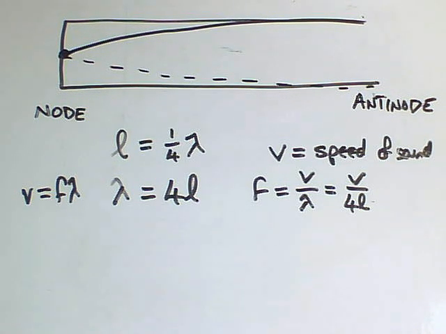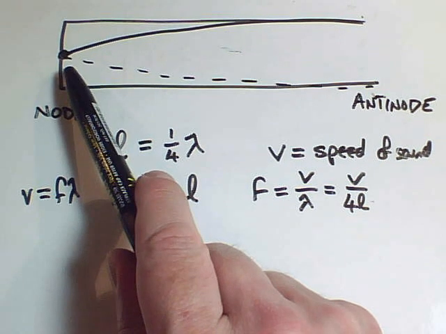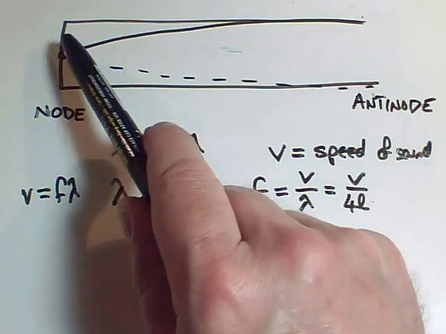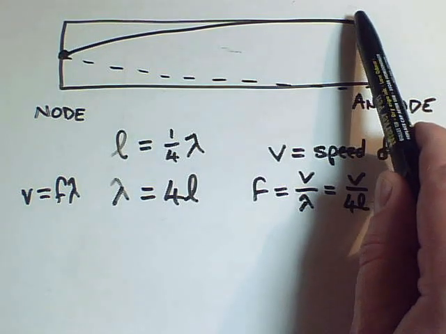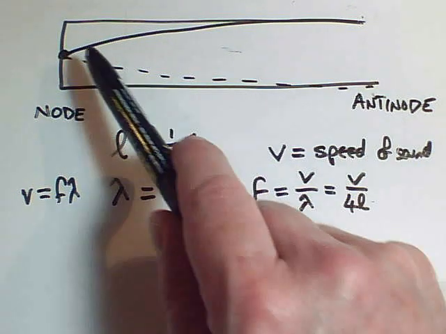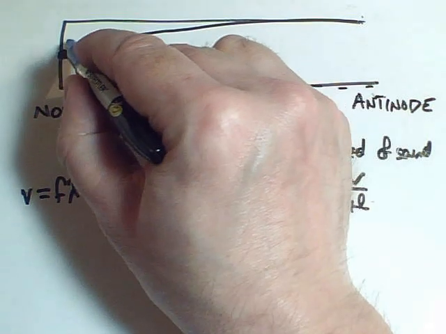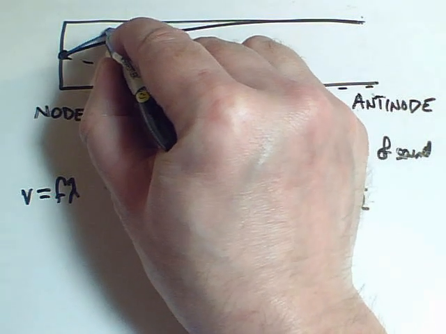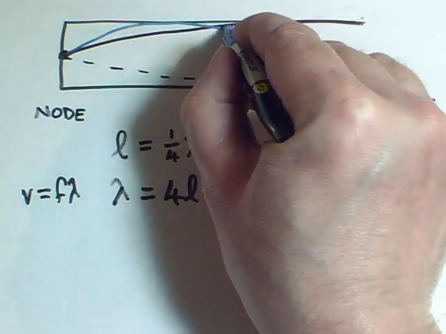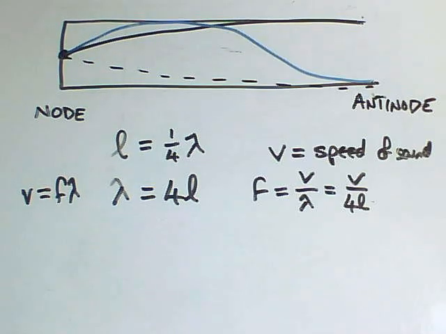Now let's think about the next harmonic. How can we get a higher frequency in this tube? Well, we've still got to go from this node to an antinode, but instead of having an up antinode, let's make this a down antinode, and let's start by going up first. So we're going to have to change colour. We've got to visit an antinode up here, then come down and have the antinode down there.